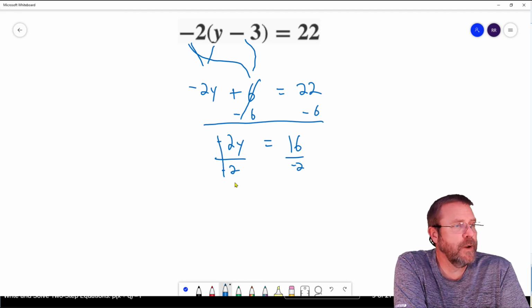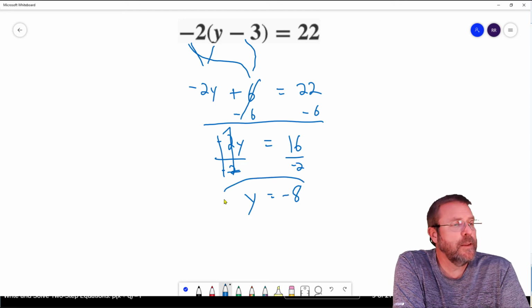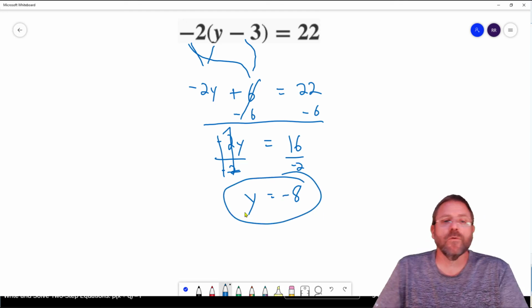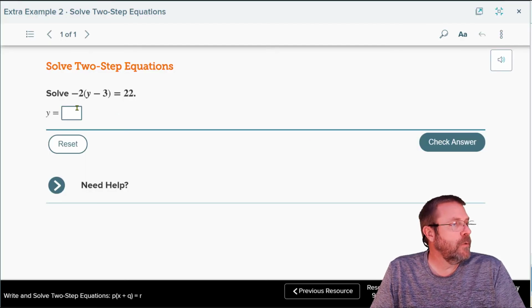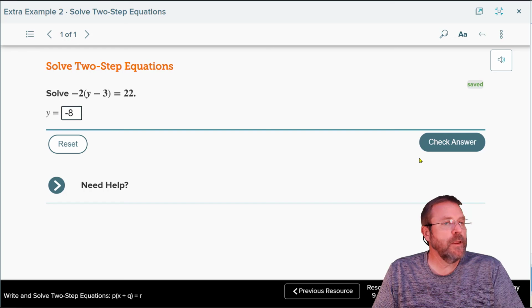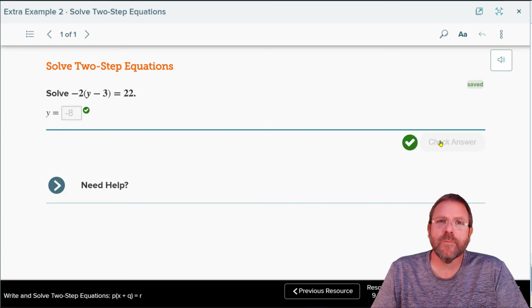The negatives divide each other out. 2 divided by 2 is 1. 1 times y is y. And then 16 divided by 2, that's 8, with a positive divided by a negative, giving us a negative 8 to circle for our final answer. Jump back over to the textbook, plug back in our negative 8, check our answer. The answer checks. There's nothing to worry about in these problems.